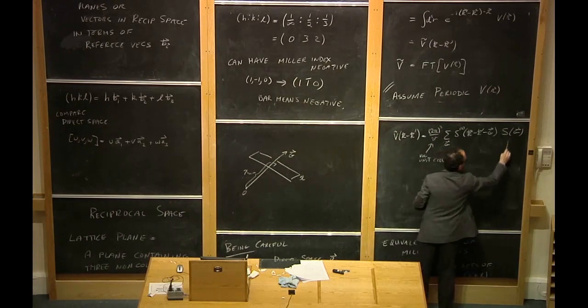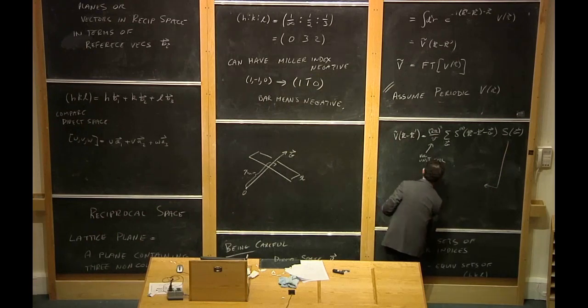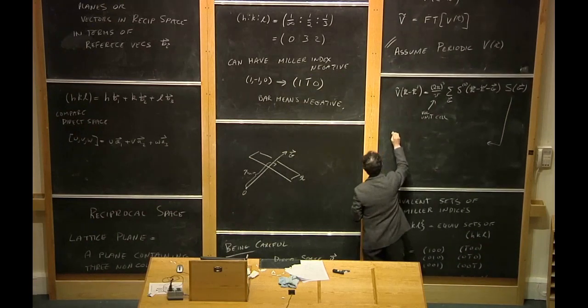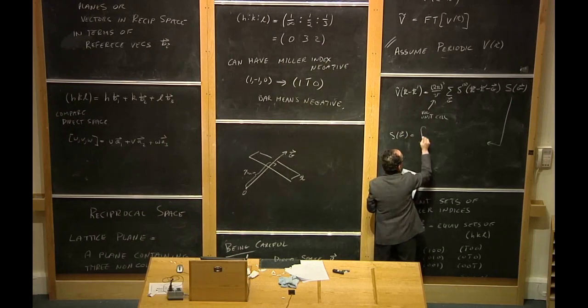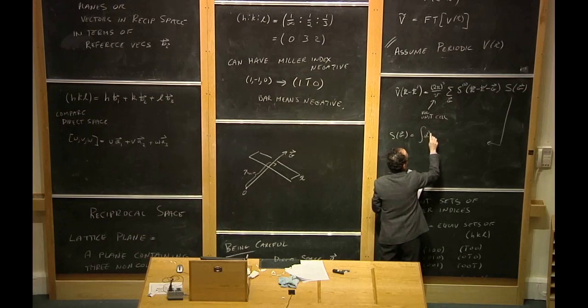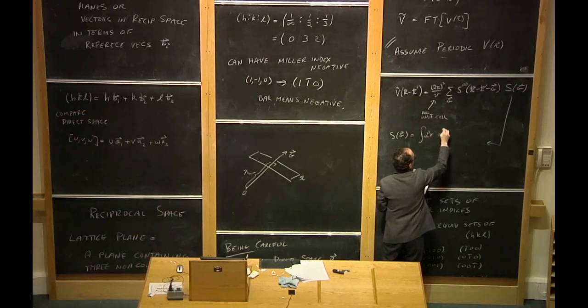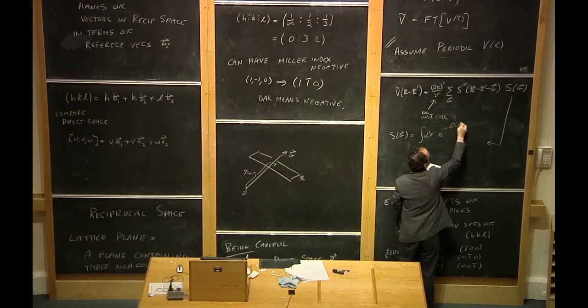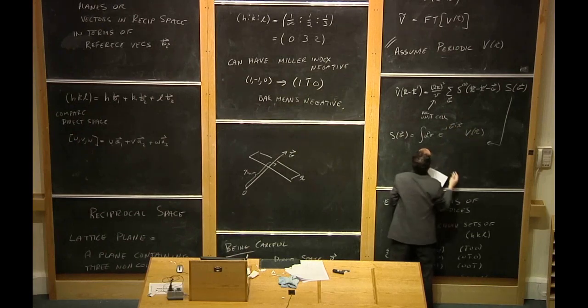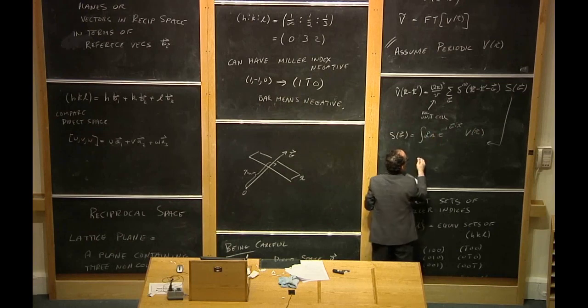The structure factor S of g equals the Fourier transform within a unit cell: the integral d3r of e to the i g dot r times v of r, with the integral over the unit cell.